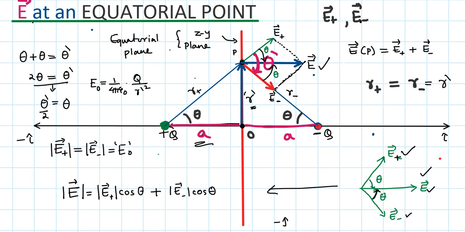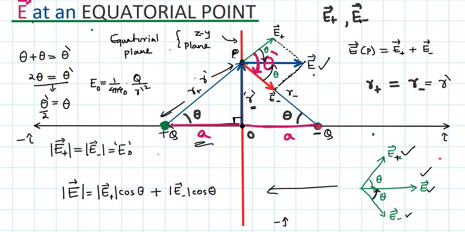How? From the triangle P plus QO, you can see that the so-called R prime distance, the distance from one of the charges, is actually the hypotenuse of that triangle, since this is a 90-degree angle. So what will be R prime?